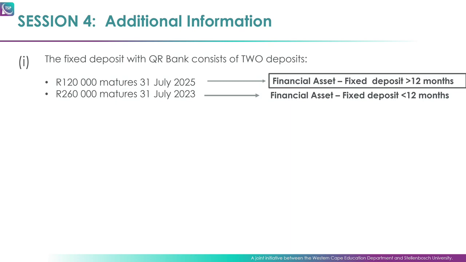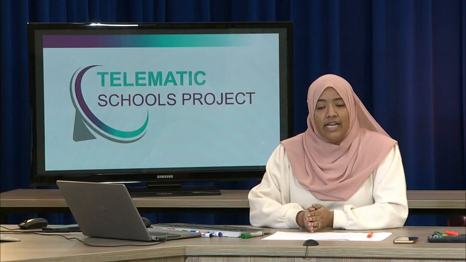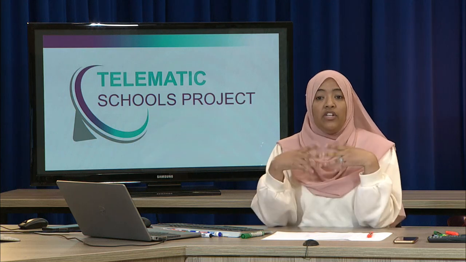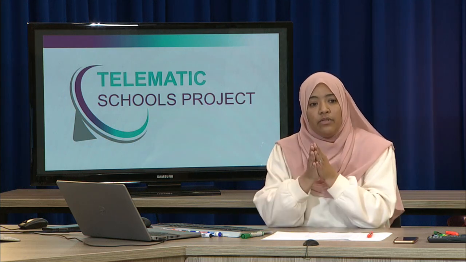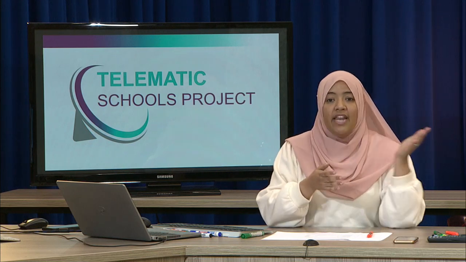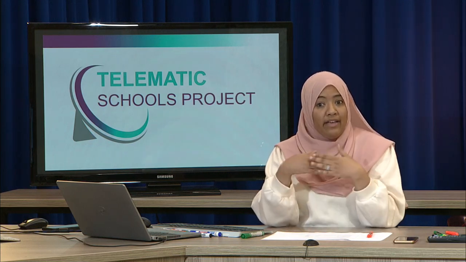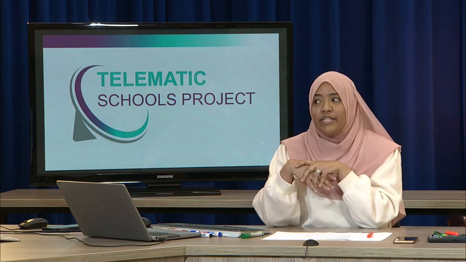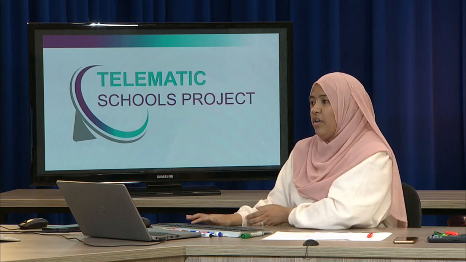However, remember that a fixed deposit is money that we're going to invest, and we want to know how much we are going to invest for a long period of time, and how much money we are going to get back in a shorter period of time. So because of that, we have the following.